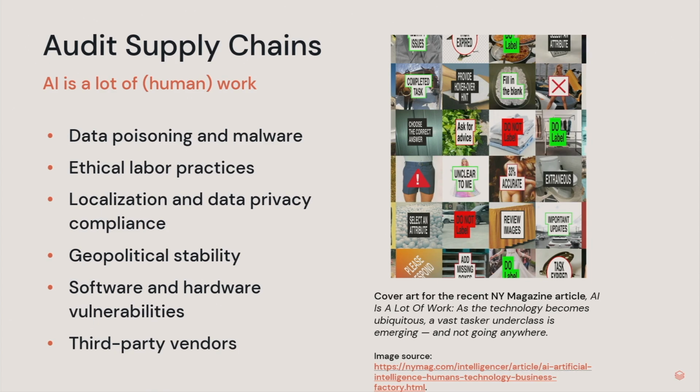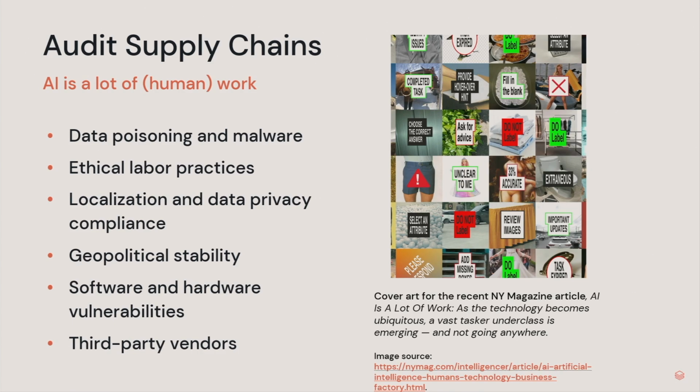Anything from literally training data being poisoned or malware being inserted into some kind of software dependency, to concerns about ethical labor practices that may end up looking bad for your company if you adopt one of these systems. Data privacy laws, complex data privacy laws. Can we really move the data out of the places where we've had the work done to the place where we want to sell it? I think people sometimes skip that question and they might get burned later by mean EU privacy regulators.